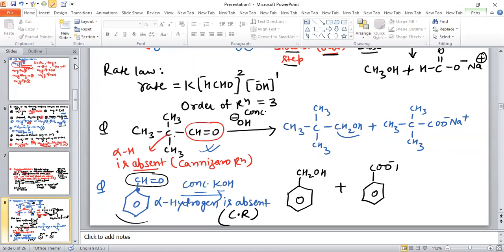So COO minus K plus will be obtained as a product. One of the products is alcohol and one of the products is the salt of carboxylic acid.